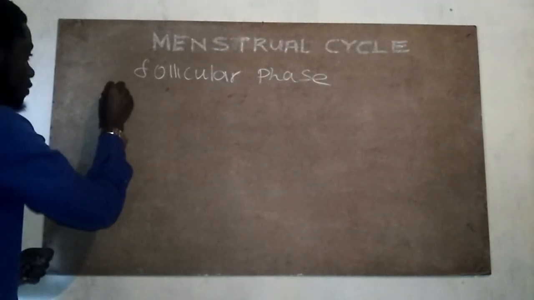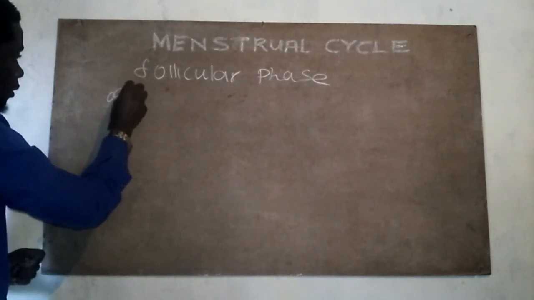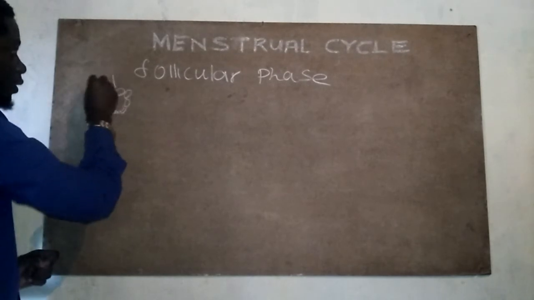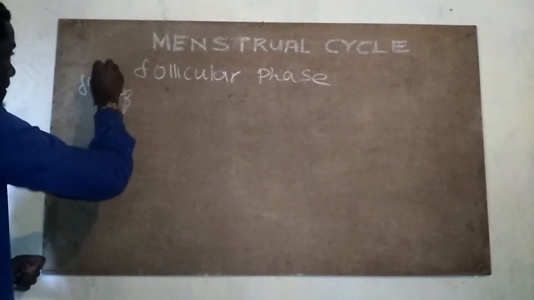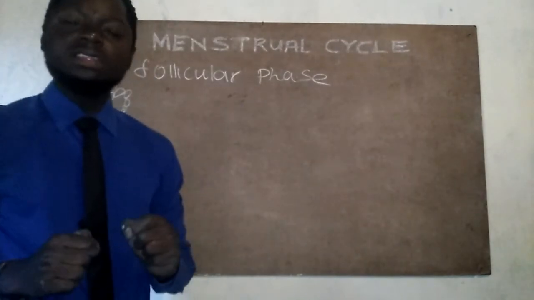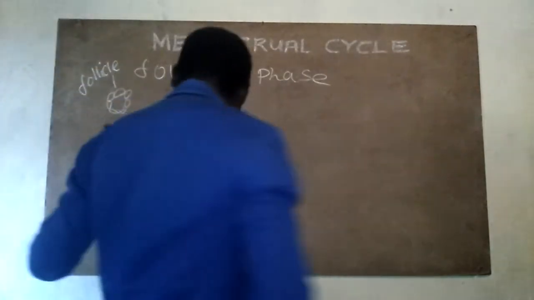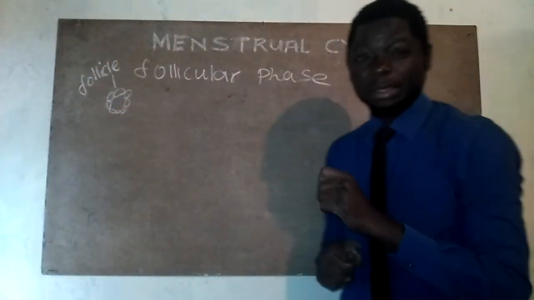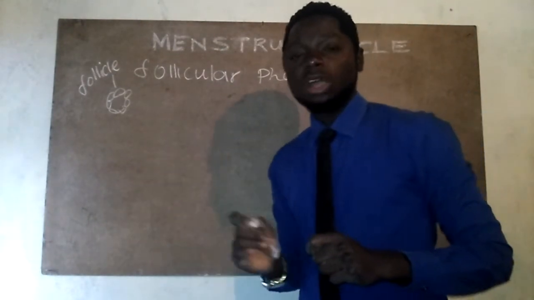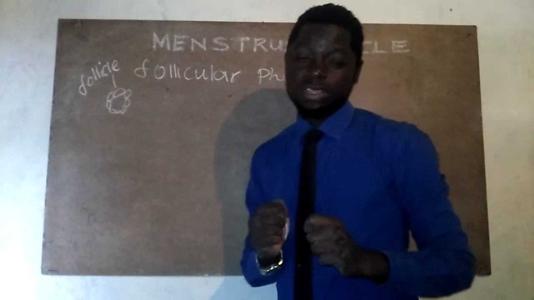So for example, imagine this is a follicle. Girls are born with thousands of these. But as they are growing up, inside these follicles there is what we call a potential ovum or oocyte, and that is what we need for fertilization to take place.